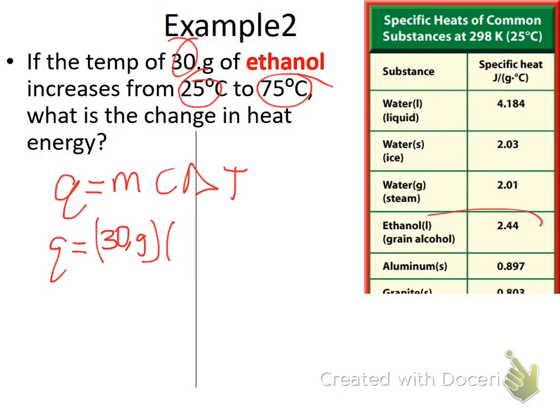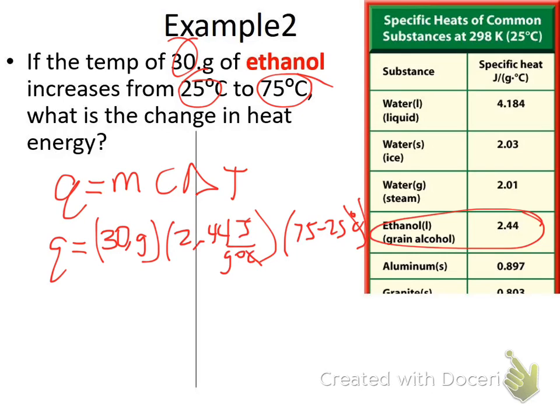The specific heat here, we're going to use ethanol, which is 2.44 joules per gram degrees Celsius. And we're going to have a delta T, in this case of 75 minus 25. Again, the units are going to cancel nicely, and we should end up with 3,700 joules. This time it's positive, which implies that the heat is entering or being absorbed by this specific liquid.